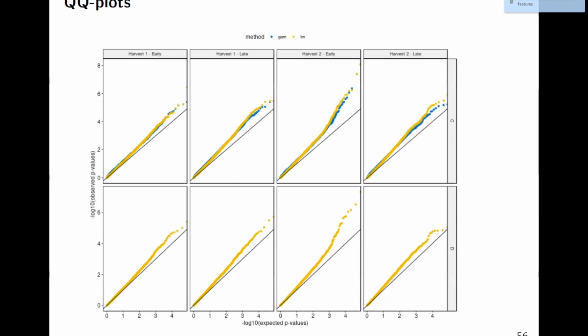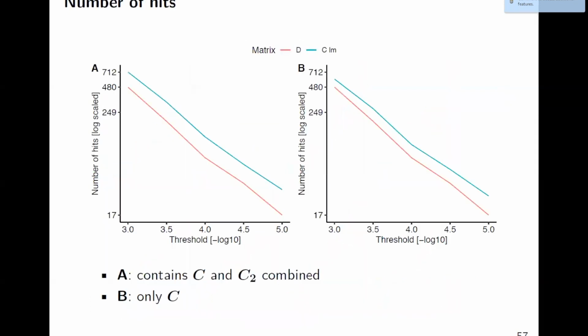So I try to compare the continuous and discrete coding in a slightly different manner, going over a range of thresholds instead of just using one. For a range of thresholds, I count the number of significant hits that I have for that threshold.